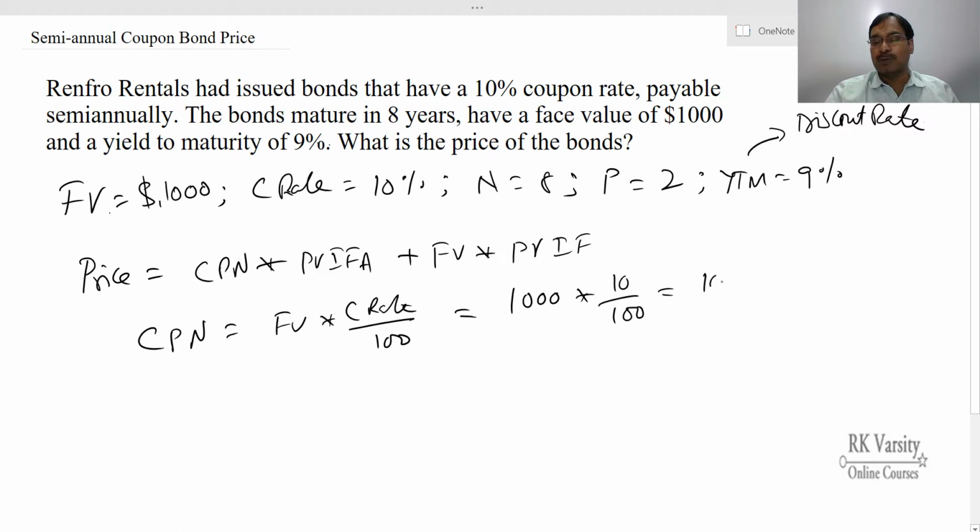So the coupon amount is 100. This is per annum. As coupons are paid semi-annually, you need to divide this by 2. So your semi-annual coupon is 100 upon 2, which is 50. So we consider the coupon as 50 in the case of semi-annual.